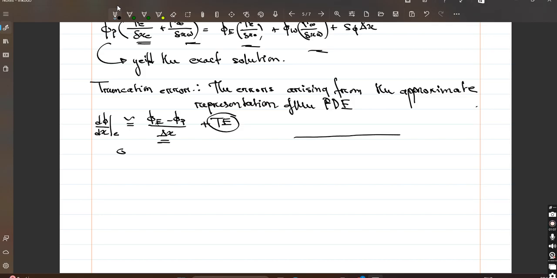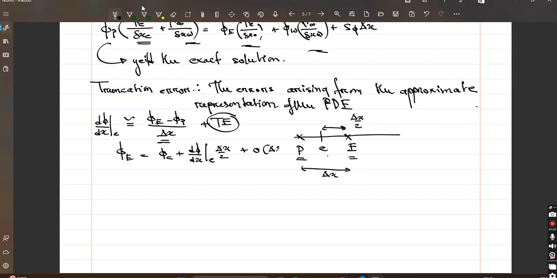Let me just draw it here. So this is our region of interest, right? The E boundary. This is the E cell, this is the P cell. Now we'll expand the P value and the E value about the E boundary. So phi E will be nothing but phi e plus d phi by dx at e, it will not be dou, it will be d because there is only one independent variable, times delta x by 2, plus order of delta x square.